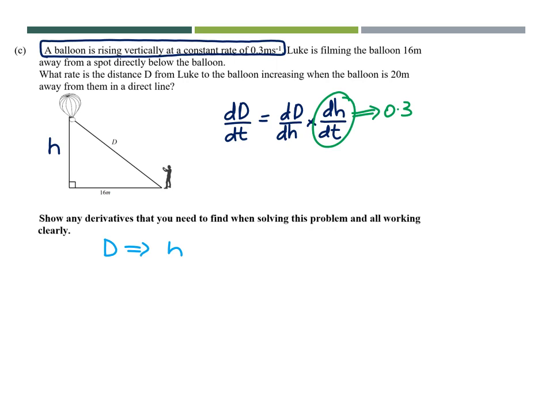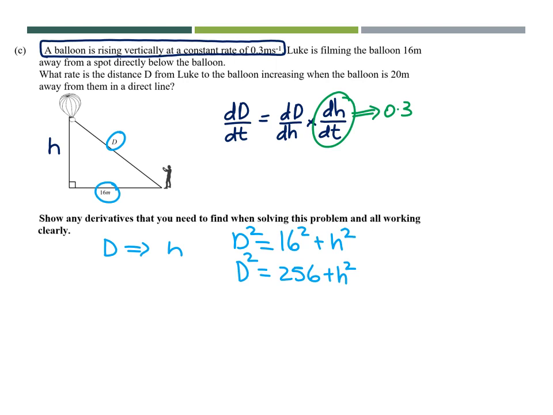Happy with that? So from here, d squared equals 16 squared plus h squared. Happy with that? So that there is the same as, I think 256, correct me if I'm wrong. Is that right?